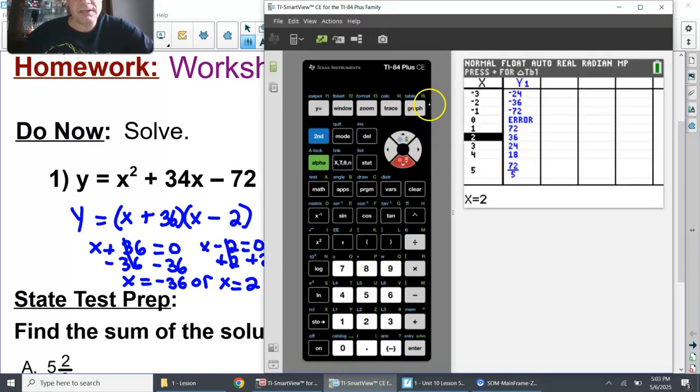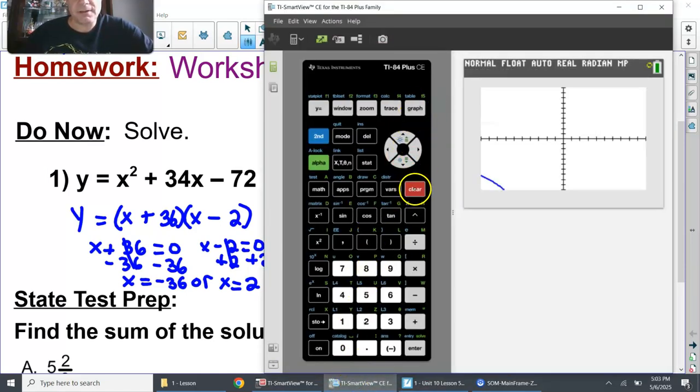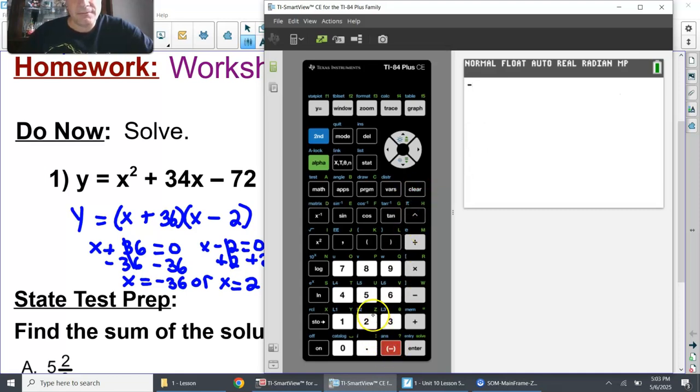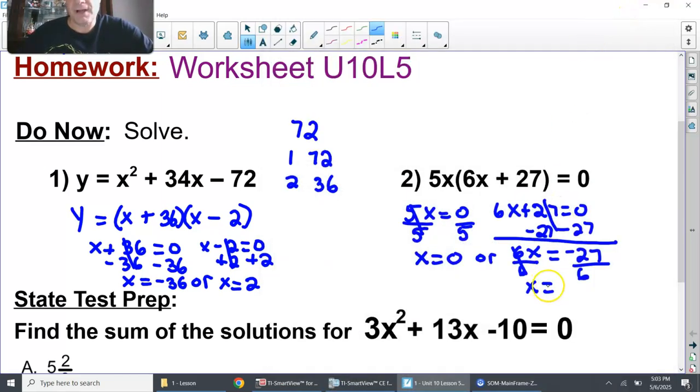I'm going to just bring this up in the calculator. Negative 27 divided by 6 is negative 4.5. So we have negative 4.5.